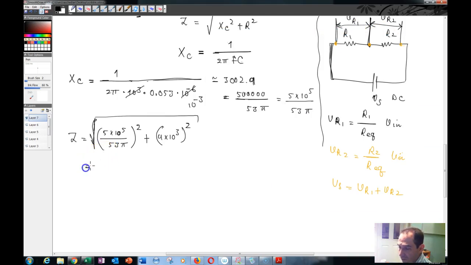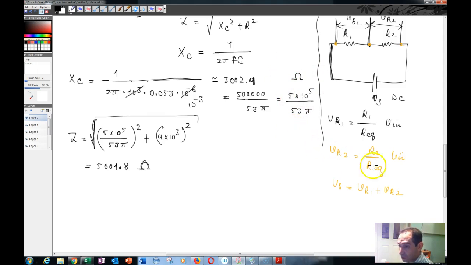And the unit for impedance is ohm. The unit for x of c, or reactance, is also ohm.